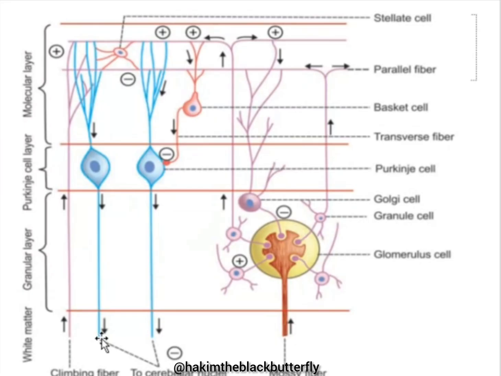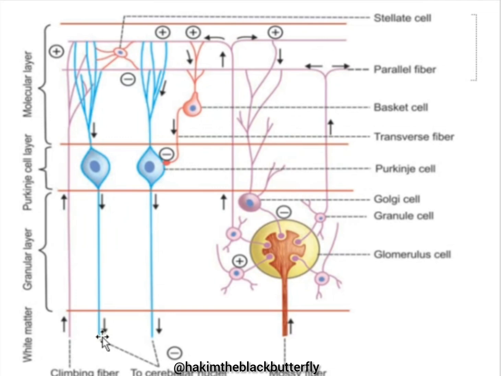I repeat, the cerebellar cortex receives electrical impulses, and it also transmits out electrical impulses which are carrying information about its intended plan in regards to motor activity.